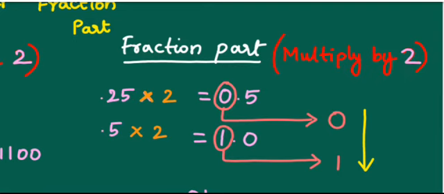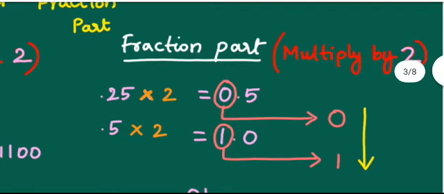Then again 0.5 into 2 equals 1. What is the integer part now? 1. You take that out. Further multiplication is not possible because the fraction part has become 0 now.